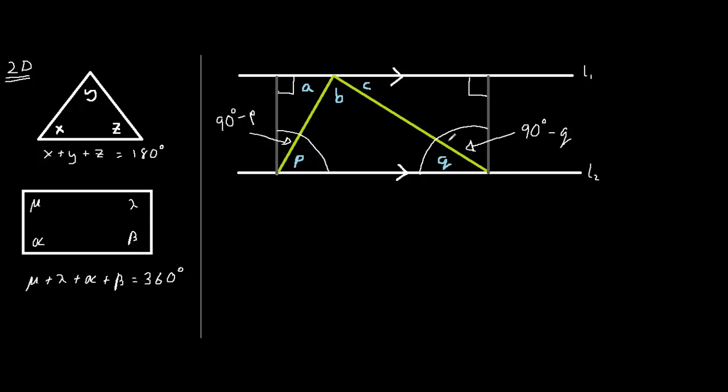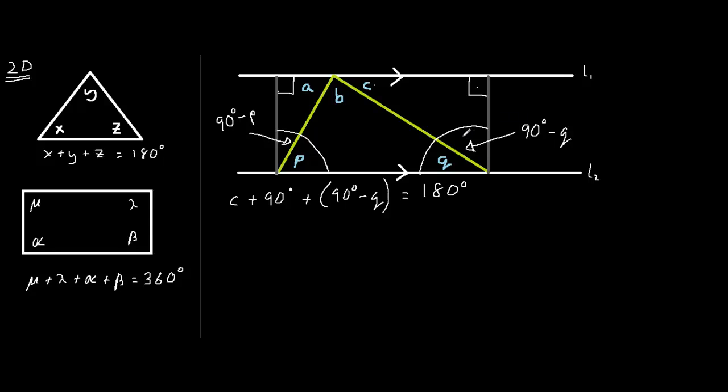Now, since the angles in this right angle triangle all add up to 180 degrees, we know that C plus 90 degrees, so that's this C here plus 90 degrees, plus 90 degrees minus Q equals 180 degrees.